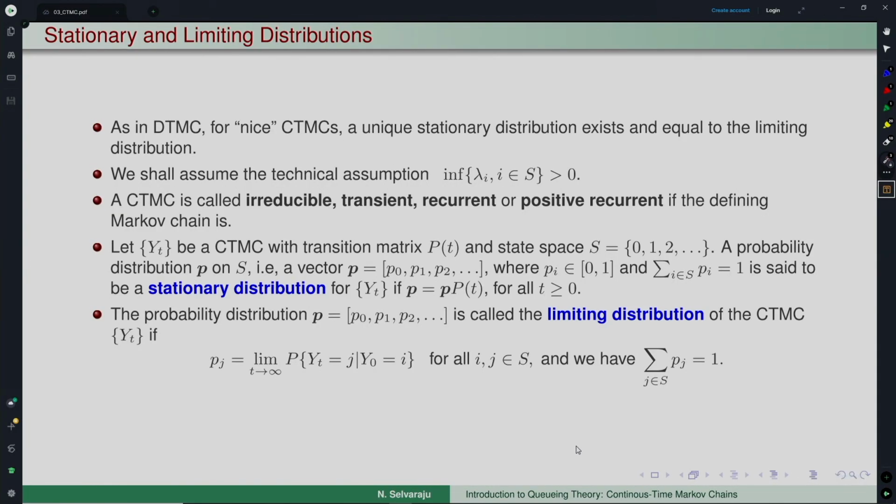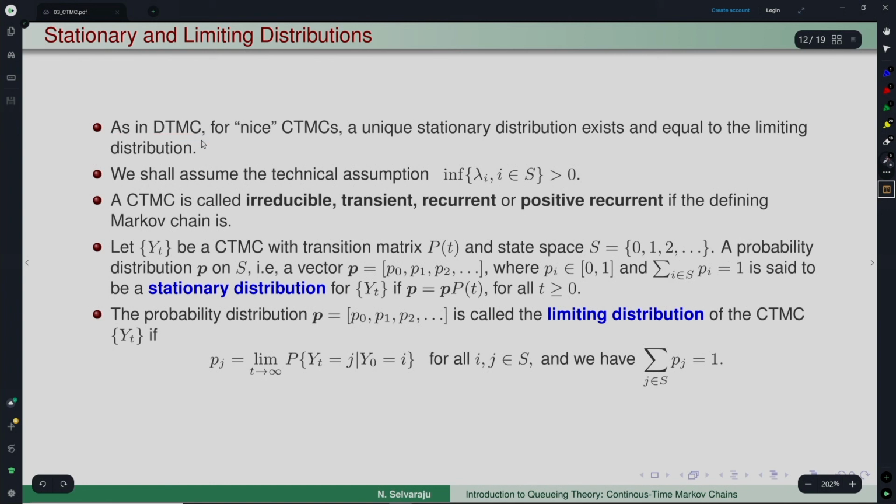So basically, much like the DTMC case, you are looking at Pij of t as t tends to infinity, the transition probabilities as time tends to infinity, or Pi of t, the state probabilities as t tends to infinity. These are the quantities of interest. What you are looking at are the limiting probabilities, and the whole idea is exactly similar to what you have done in discrete time.